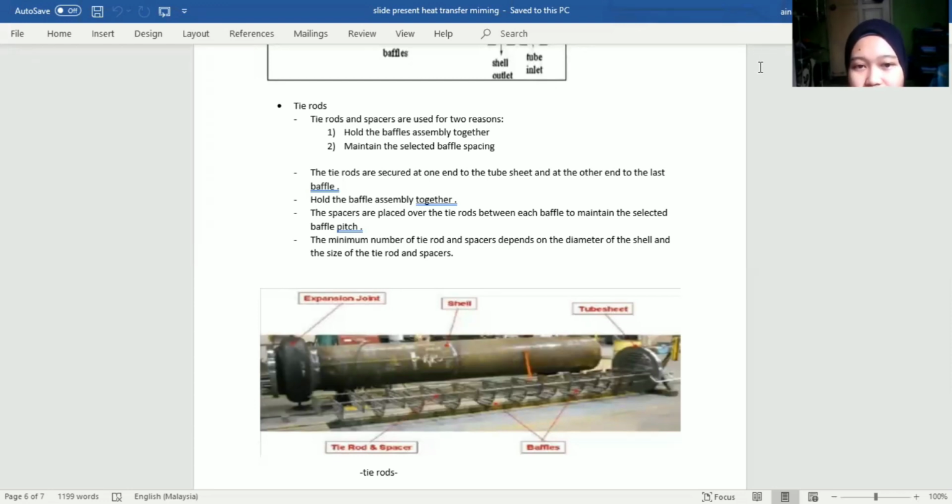The spacers are placed over the tie rods between each baffle to maintain the selected baffle pitch. The minimum number of tie rods and spacers depends on the diameter of the shell and the size of the tie rods and spacers.